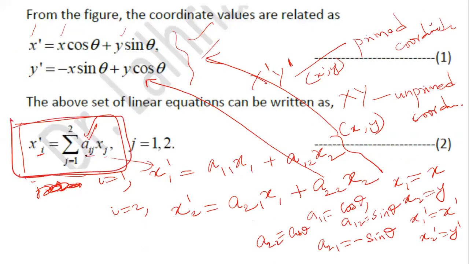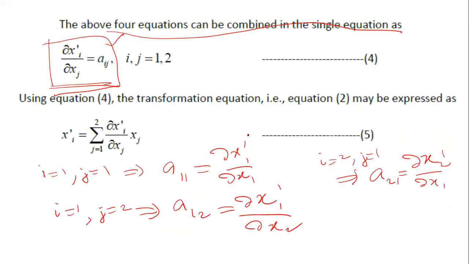by writing aij as del xi prime upon del xj, you can rewrite this. So this is the transformation, the relation between the coordinates in the unprimed and the coordinates in the primed.